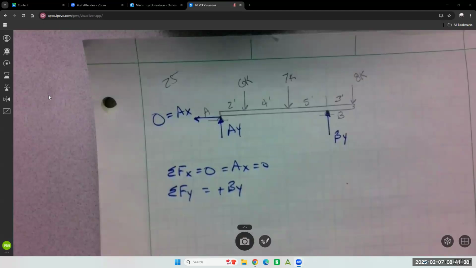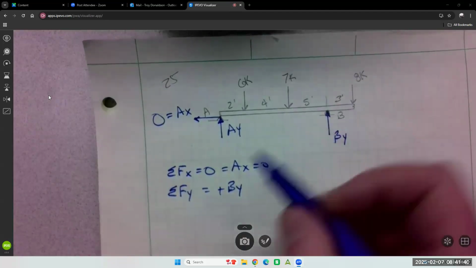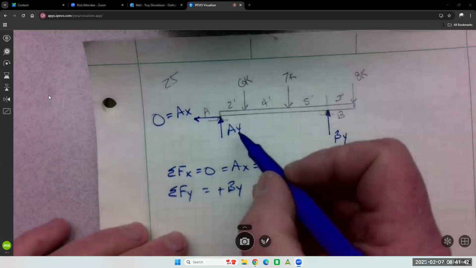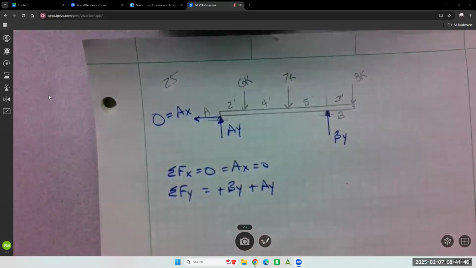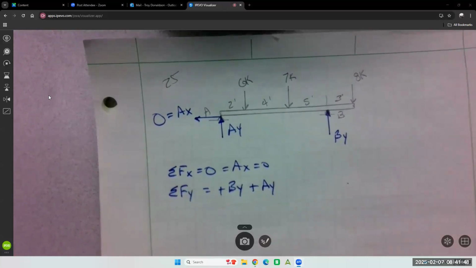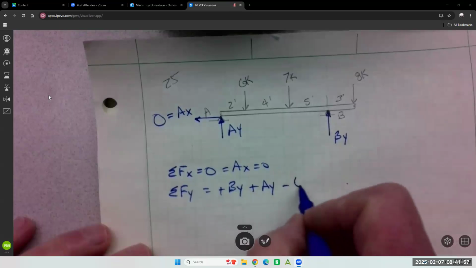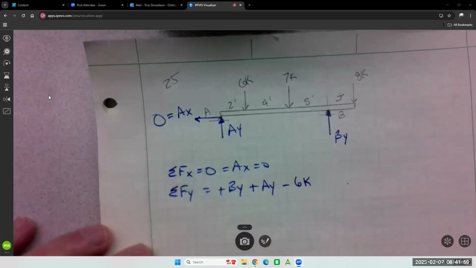Okay, we assumed it's going up, positive BY. What about AY? Positive AY. What other forces are there in the Y? We need all of them. Every force. Minus 6K. Right? What else?